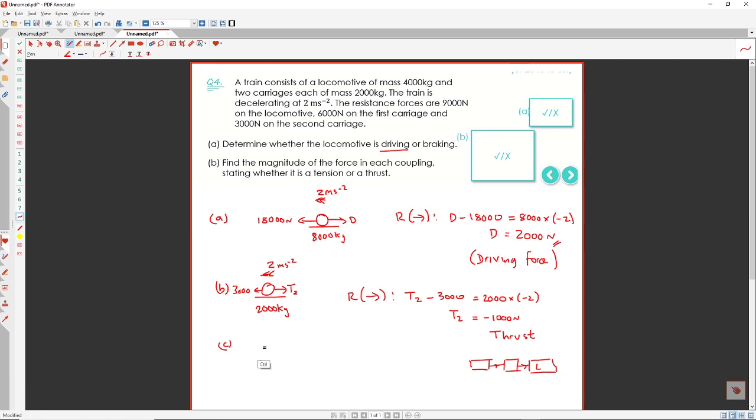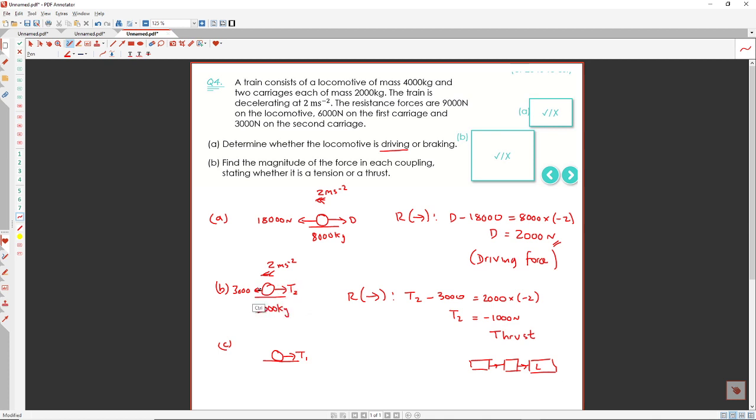Okay, part C then, we'll draw the middle carriage this time, and we'll have a think about the forces acting on that. It's going to have a tension force pulling it forward from the locomotive. Well, maybe it'll be another thrust force. In this case, we need to think a bit more carefully about what's going on here, because this diagram is actually not quite right.